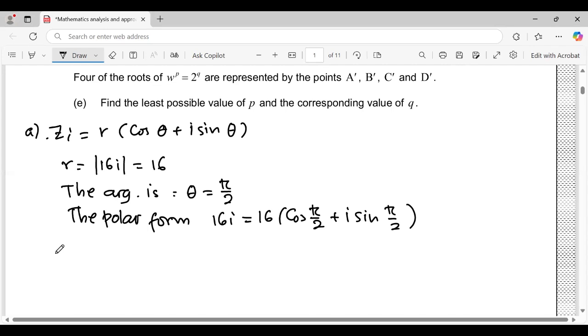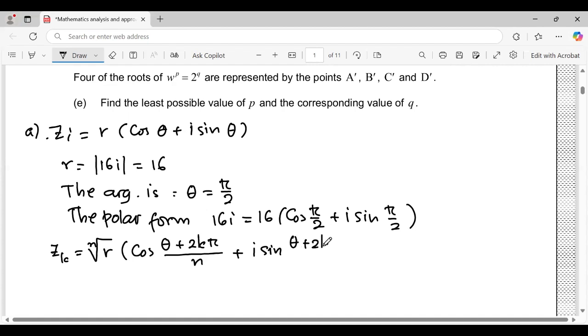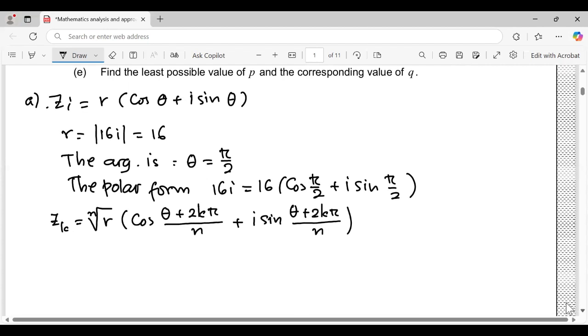Now we're going to use De Moivre's theorem to find the roots of 16i. The formula is z_k equals the nth root of r times cosine of theta plus 2k pi over n plus i sine of theta plus 2k pi over n.